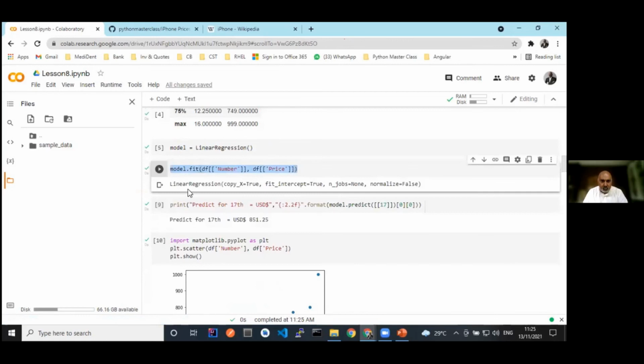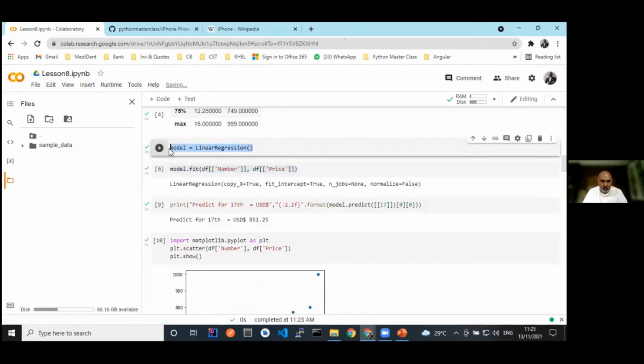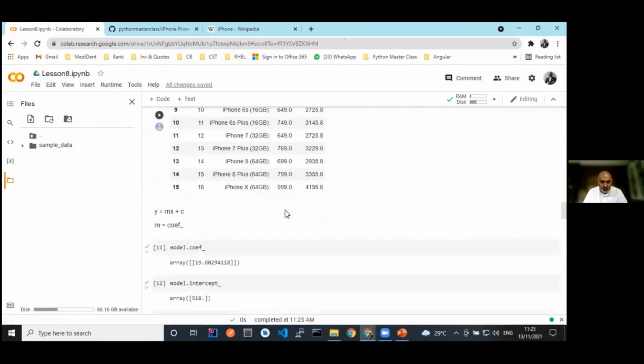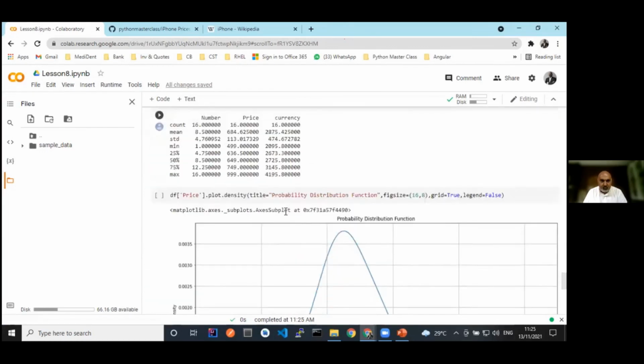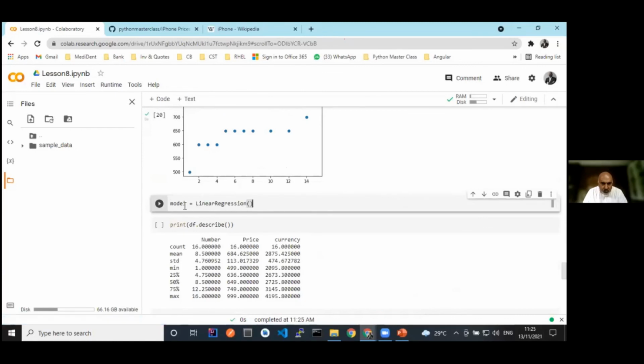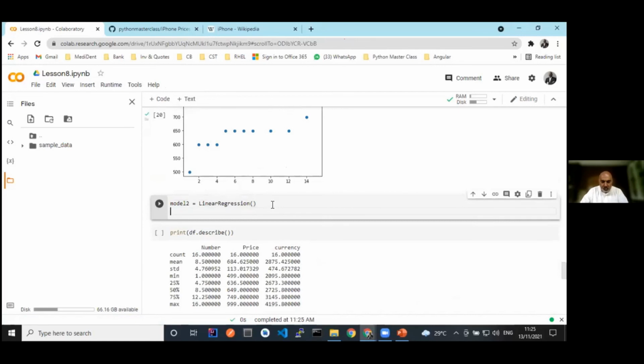So we do the same thing, model regression, but this time we don't want to affect the changes that we've done before. So we will put model 2, a new model. In model 2, what are we going to do? We are going to do fit. This time we're going to fit df2, put in the number, and then put in the df2 price, because it's the same price values.